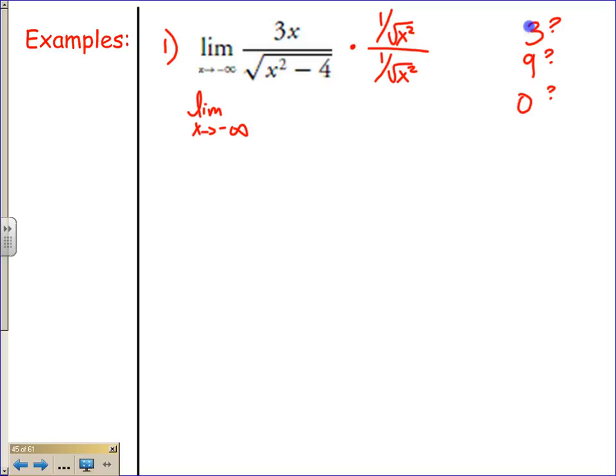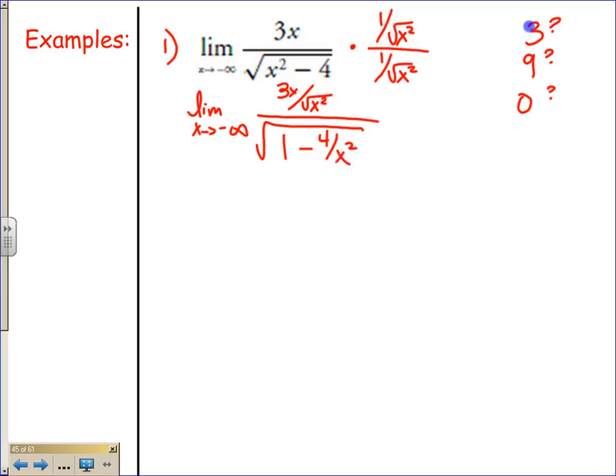Now those of you who were like, just simplify that. If I have 3x over the square root of x squared, a square root times the reciprocal of a square root, I can bring it all together. So I'm going to have x squared over x squared minus 4 over x squared.